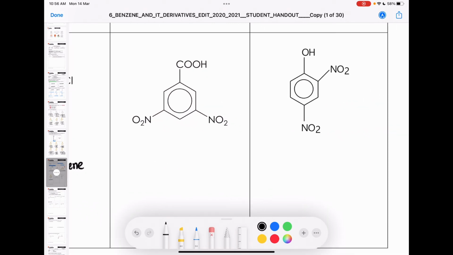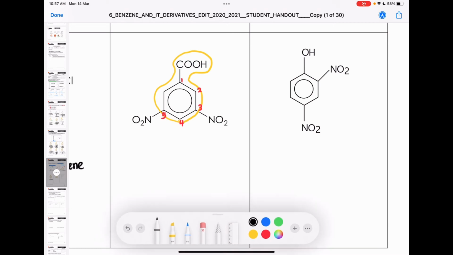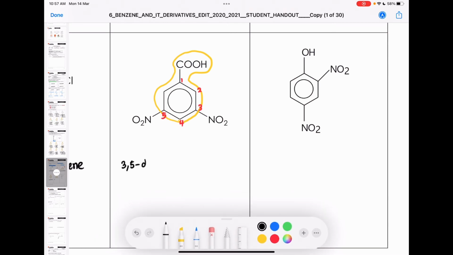You can try the other first, stop the video, and then you can play later. Try to do it first. For this, the priority is obviously the COOH. So this one will be number 1, 2, 3, 4, and 5. It will also be the same if you do it anti-clockwise. So we are going to have this one.